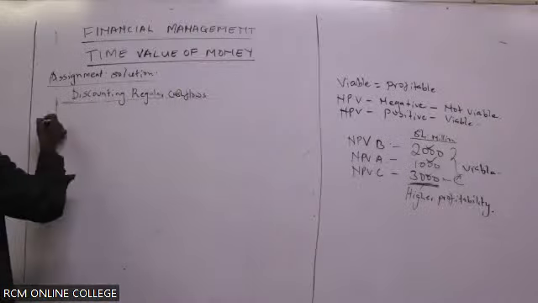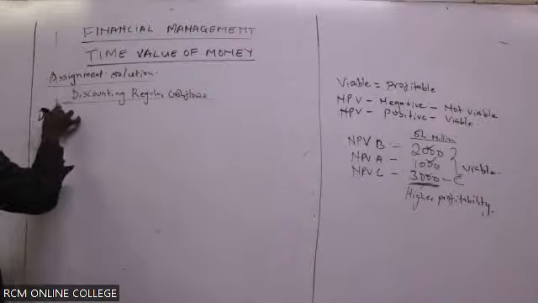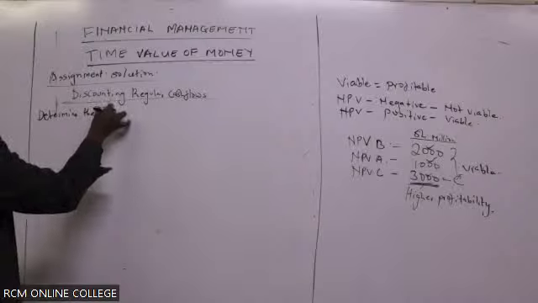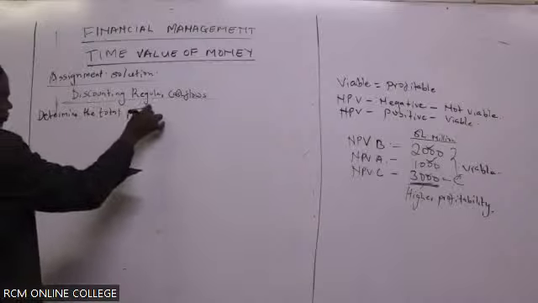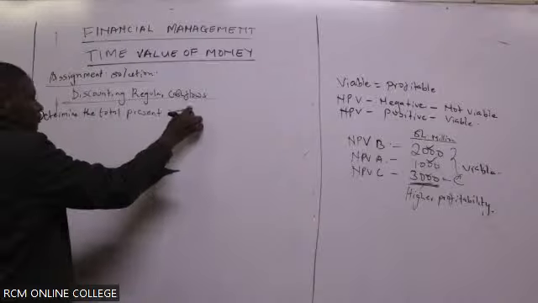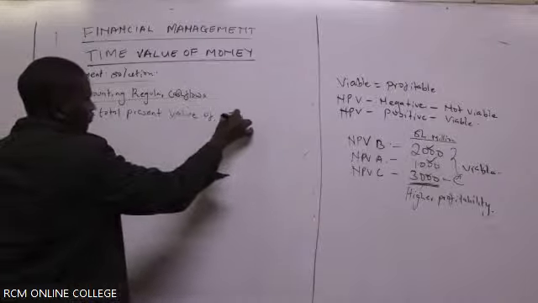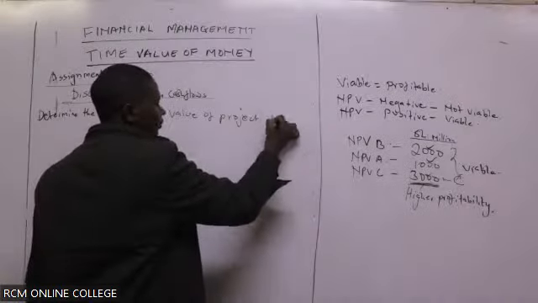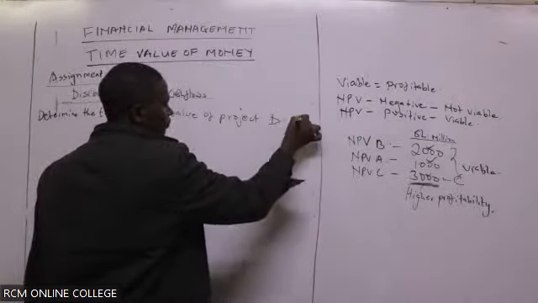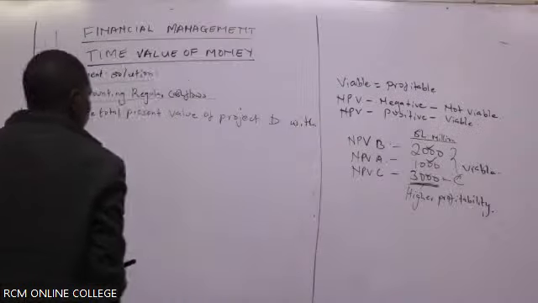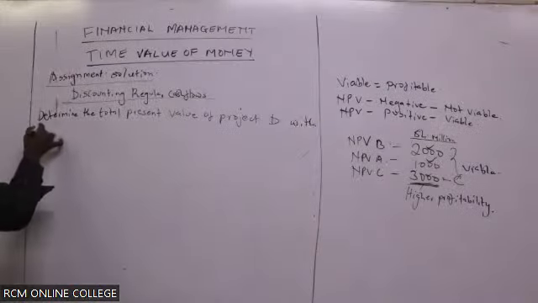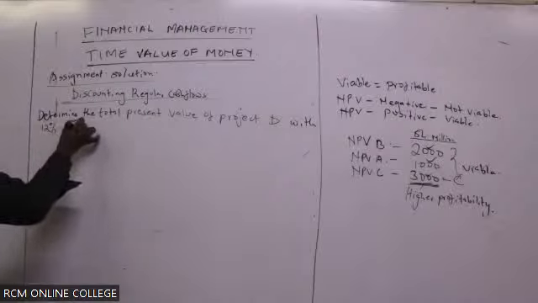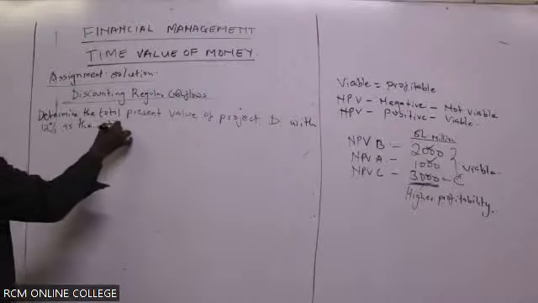So still, we are told to determine the total present value of project D. You can write down project D with 12% as the rate of return.